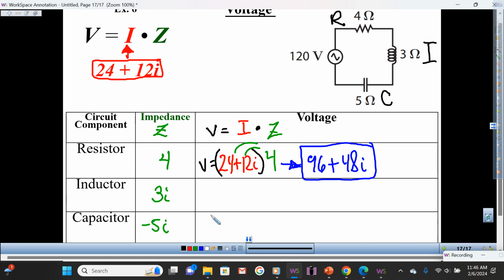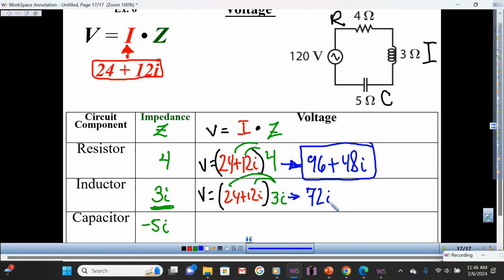Next, same formula, V equals, we write again the amps. How much was the amps? 24 plus 12I. And how much is the impedance for the inductor? 3I. Distribute. That gives me 3I times 24, that's 72I.